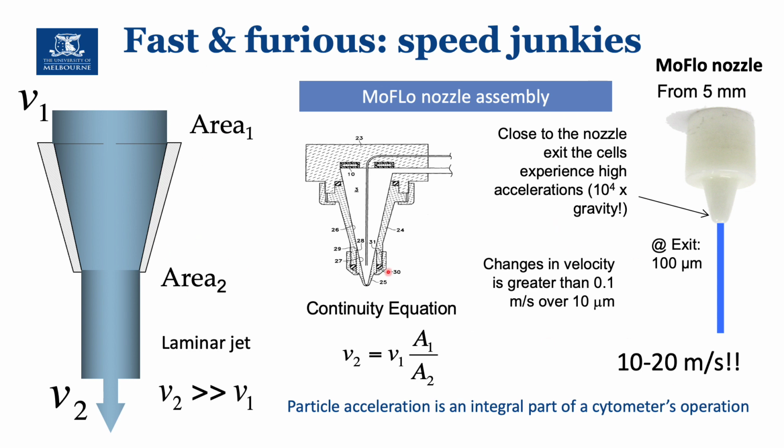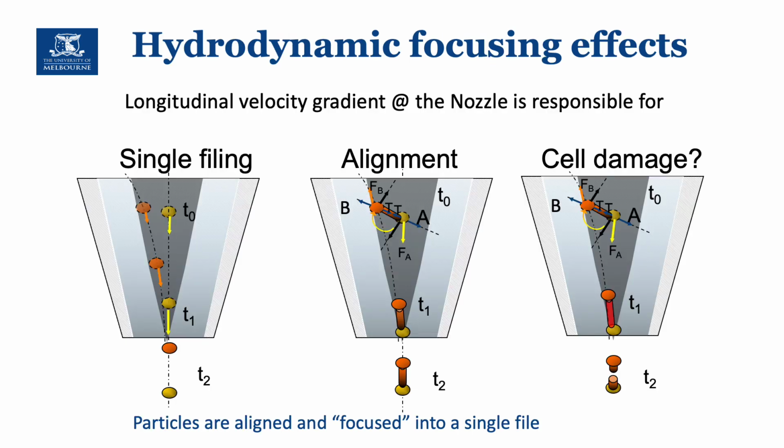And this difference in velocity and this acceleration of the particles have different outcomes in terms of alignment and velocity and single filing. I attempted to summarize this in this slide, in which I can show you, for instance, that since there is acceleration within the nozzle, particles that are a little bit up front but barely separated from each other will always have a higher velocity across the nozzle, which means that they progressively will separate from each other.